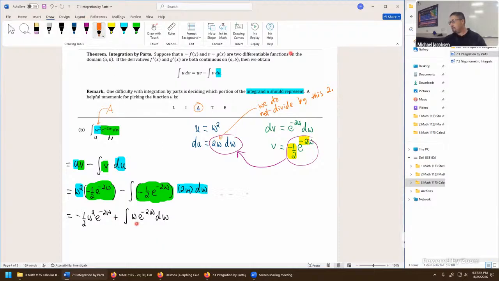Depending on how mindful you are trying to be with abusing notation on variables, worrying about scope, the way I typically think about these problems is if I'm about to use integration by parts again, my u and v here, I consider them to be new variables. The scope of the variables u and v is only for this first part.